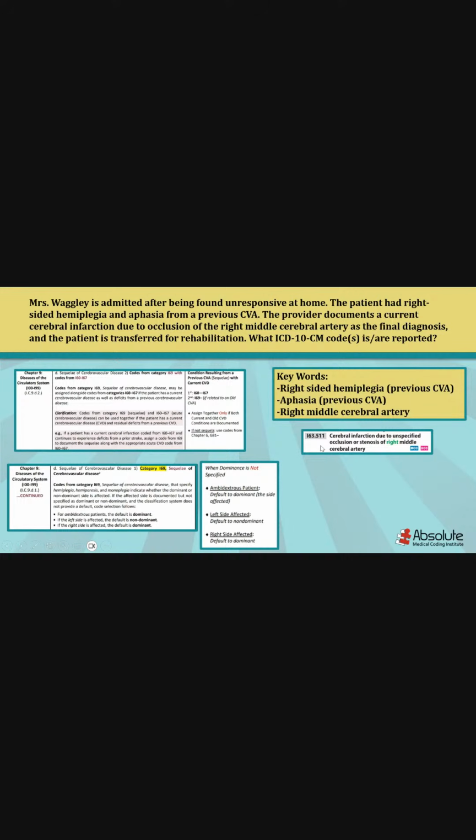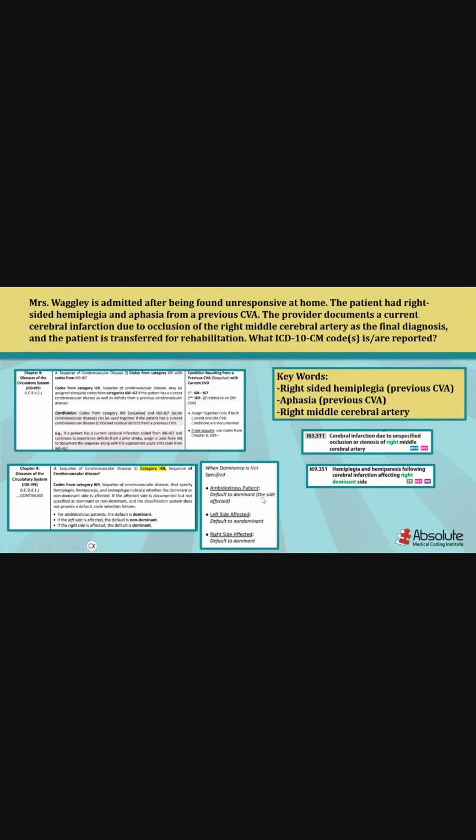And then right here, it says to code from I69 if related to an old CVA. And we do have some things that are related to the old CVA, so we are going to be using them. First off, we are going to code for our hemiplegia, hemiparesis following cerebral infarction affecting right dominant side.